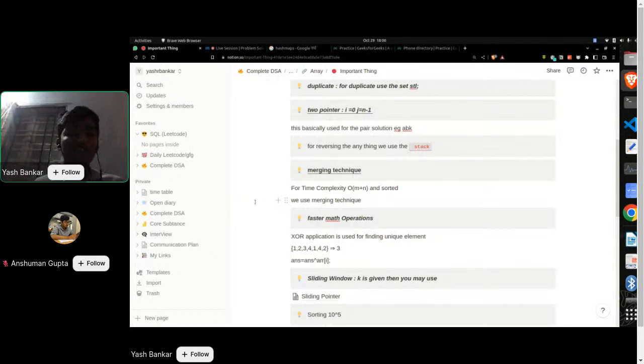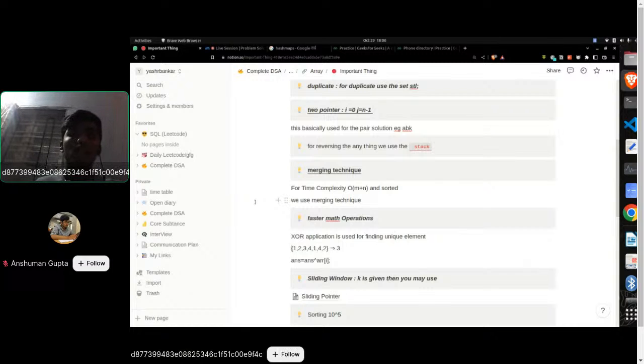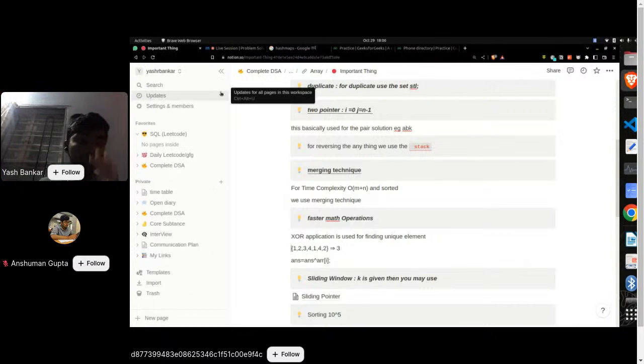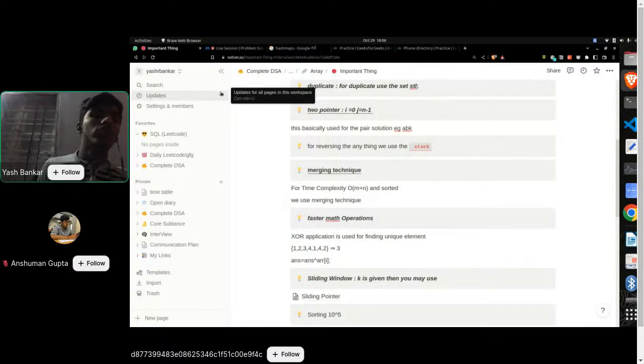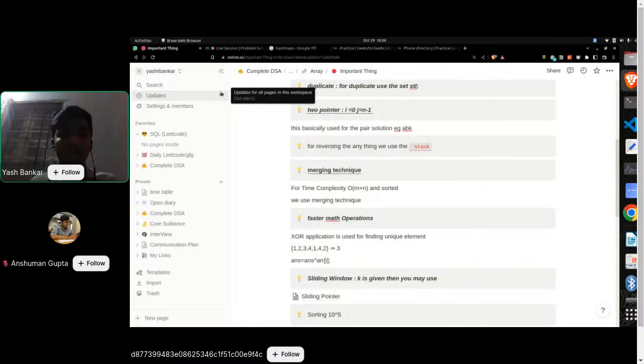Okay, so every question has a time constraint, right? Means you have to solve this question in the time complexity of order of n and so on. If you are solving a question on GFG and LeetCode, then there must be a time complexity constraint.